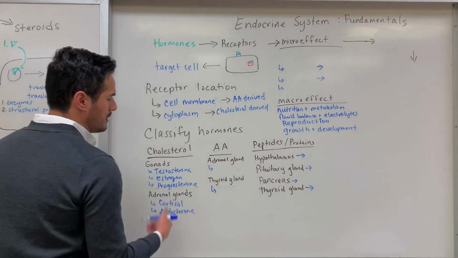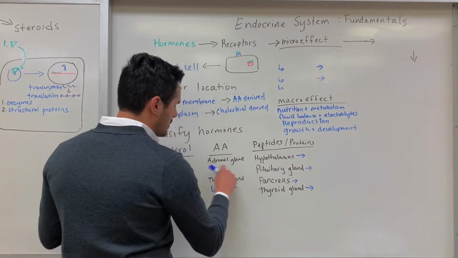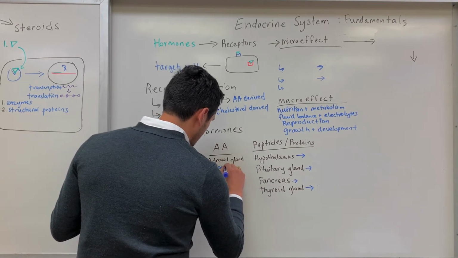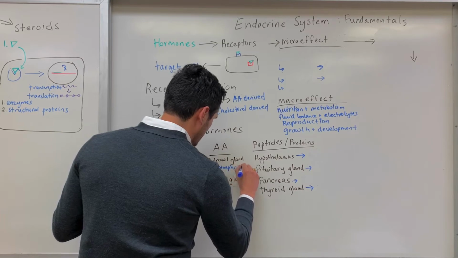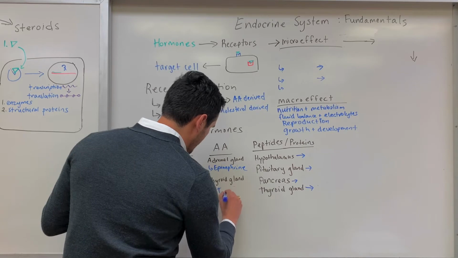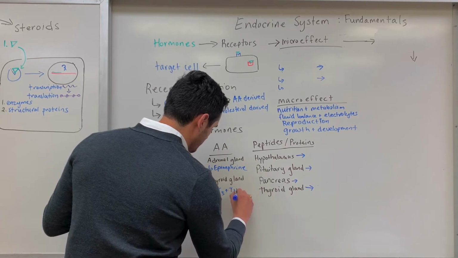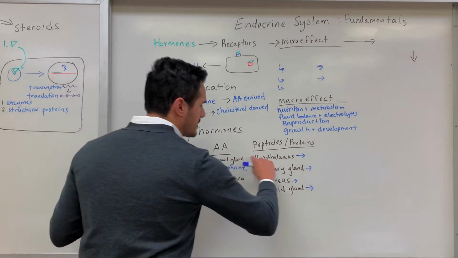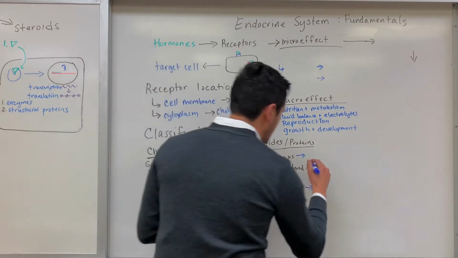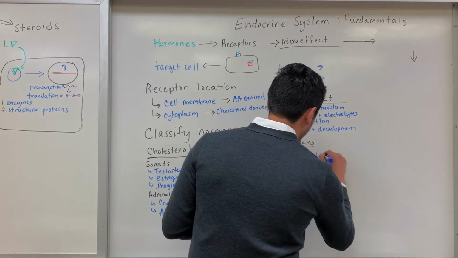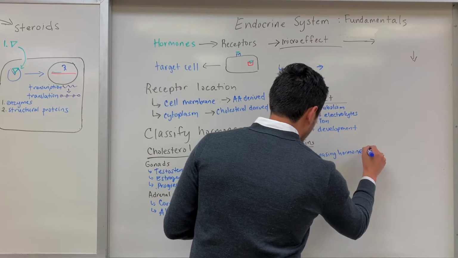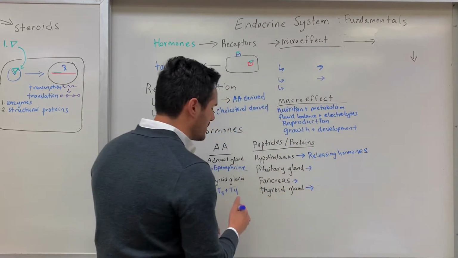Okay, so now let's go to the amino acid based ones. For the adrenal gland, you have what's known as epinephrine or adrenaline. For the thyroid gland, you have T3 as well as T4. For some of the peptides or proteins, the hypothalamus contains releasing hormones, and all of these are peptide or protein based.